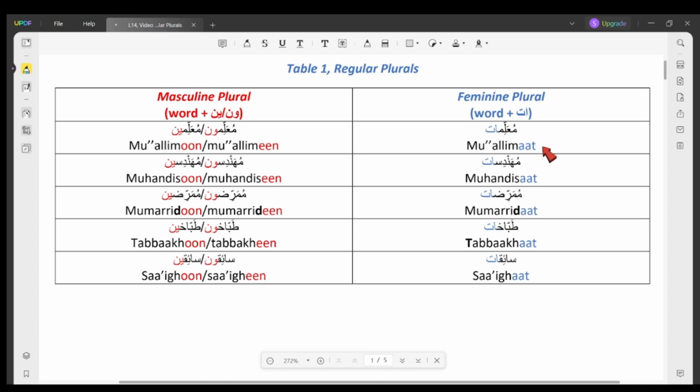So all in all, we have three endings for regular plurals in the Arabic language: un, in, at. There's really no difference between un and in. They are both used to form the plural masculine, and the difference between them is strictly grammatical, and it doesn't matter which one we use when we're having a conversation.